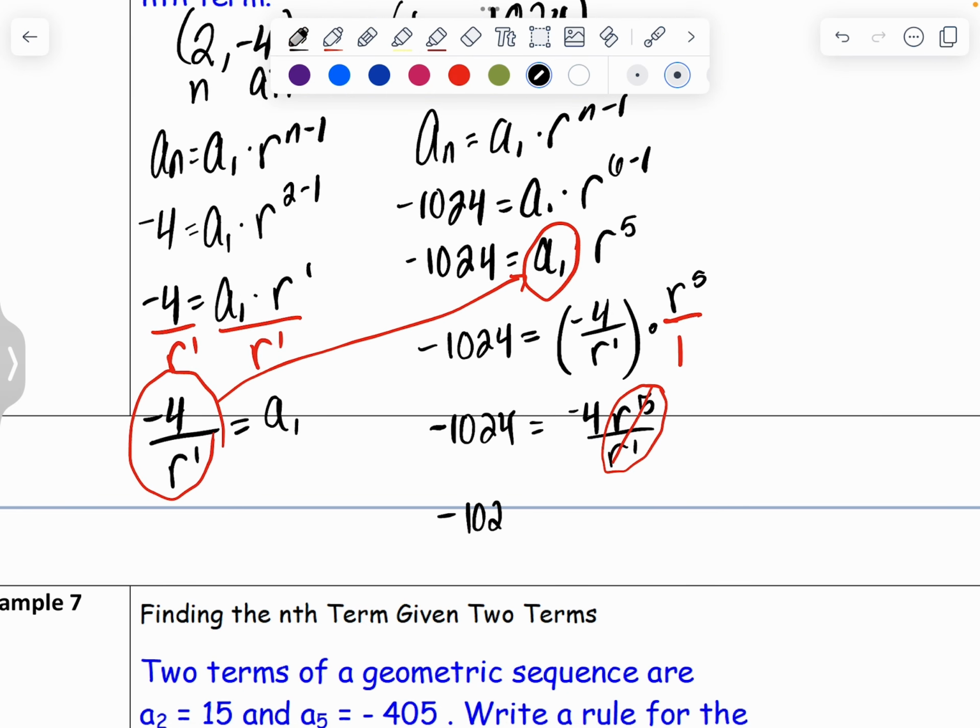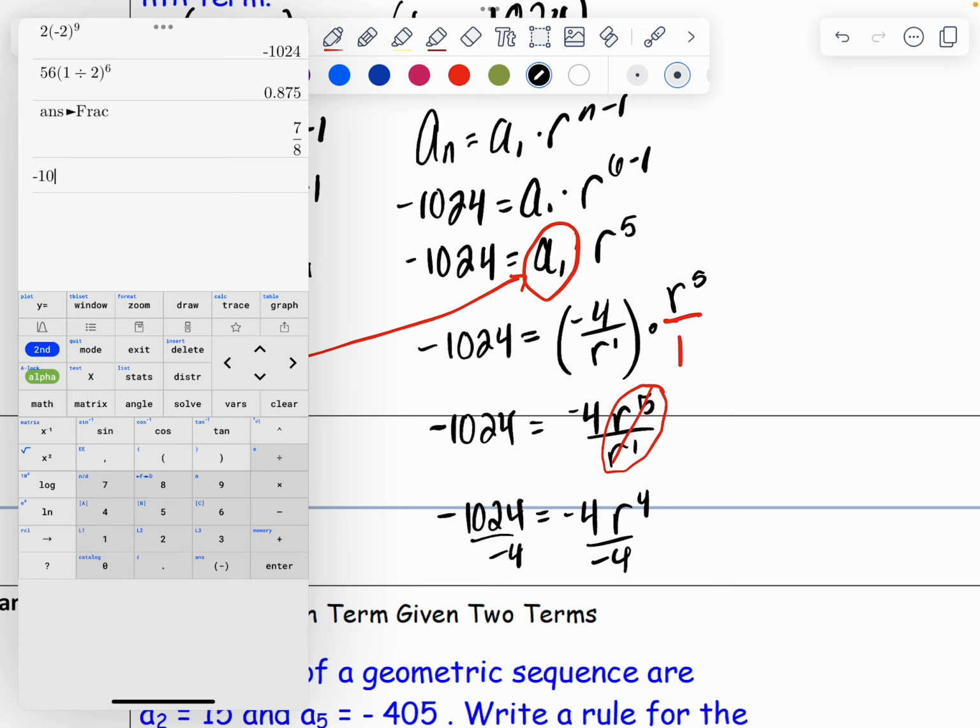So -1024 equals -4 r to the 4th. Finish solving for r, divide by -4. r to the 4th equals 256. And then to get rid of the fourth exponent, we're going to need to take the fourth root.